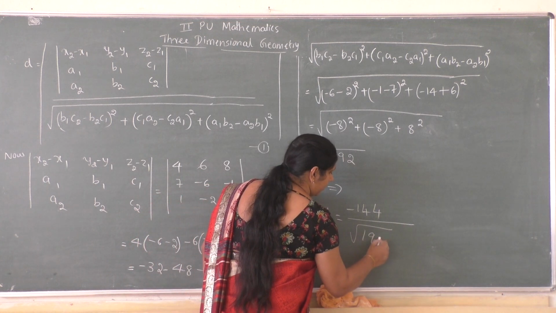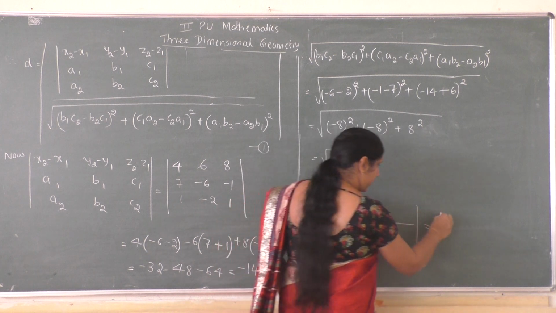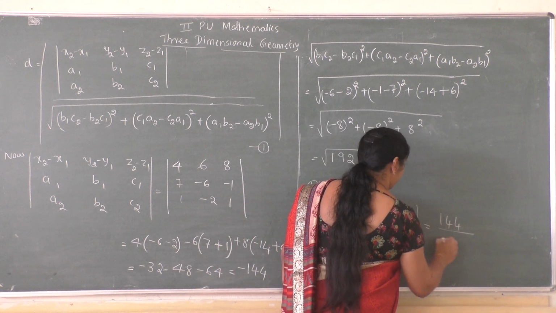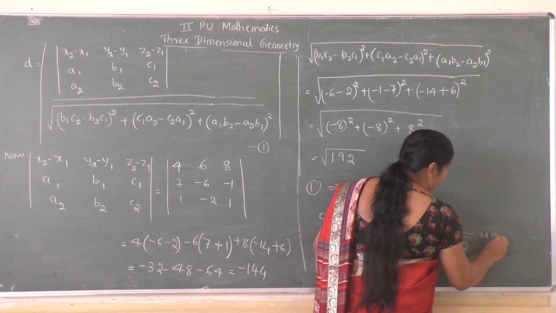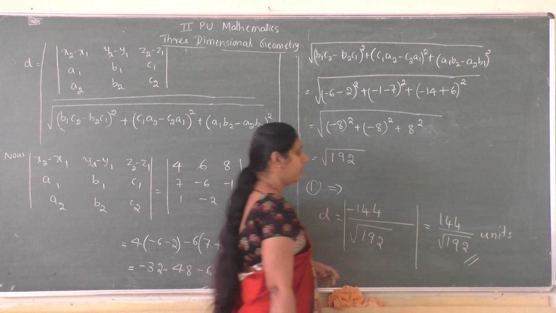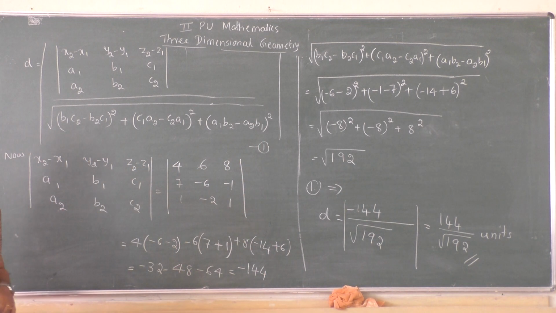Root 192, and its magnitude. If it is possible to simplify, then you can simplify, otherwise leave it as such. So the shortest distance will be 144 by root 192. So this is the shortest distance between the given two skew lines.